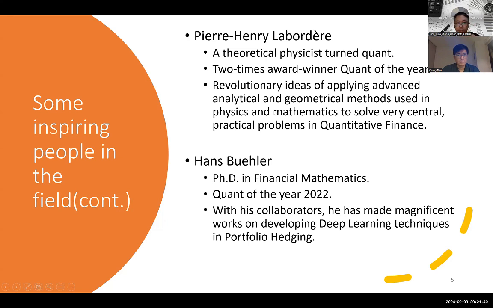The last person I would like to mention comes from a different direction. Hans, German. He has a PhD in financial mathematics. So finally, someone who did a little bit more classical study in the field, right? He started with financial mathematics instead of very pure math. He's Quant of the Year 2022. And why did he become my hero?